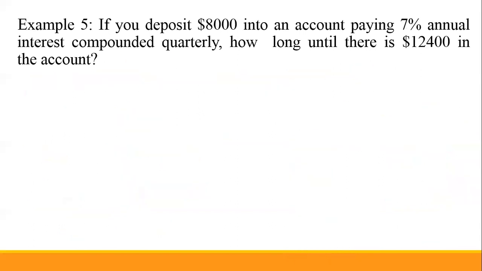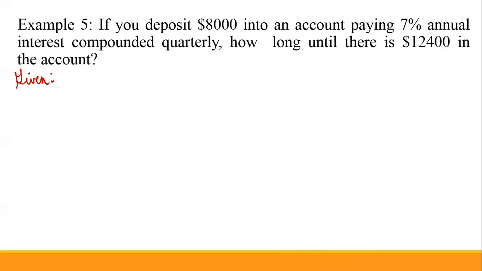Another example, if you deposit $8,000 into an account paying 7% annual interest compounded quarterly, how long until there is $12,400 in the account? So we have the same procedure as in example 4. Identify muna natin yung mga given.